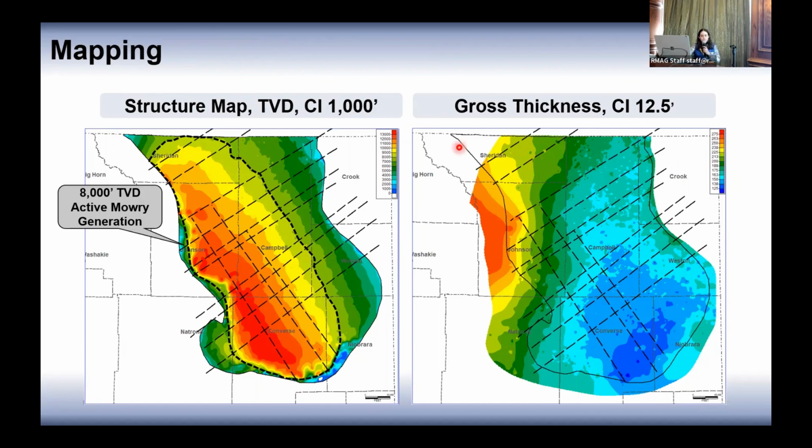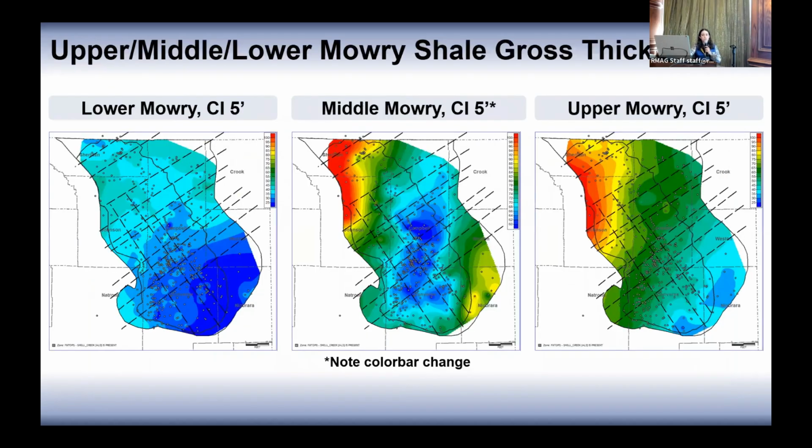And then Mowry thickness, as I mentioned, thins as you move to the southeast. So the sediment source is up here, perhaps a little bit of sediment input down here as well. You can see that better when you look at the gross thickness maps, specifically of those upper, middle, and lower units defined by the stratigraphic model that we just talked about.